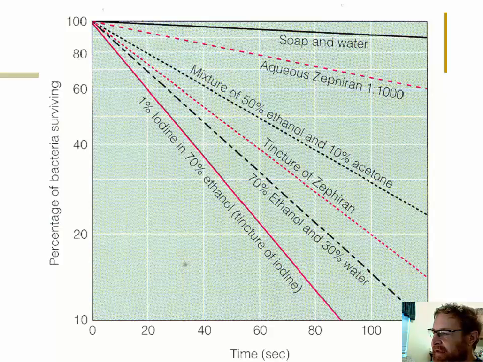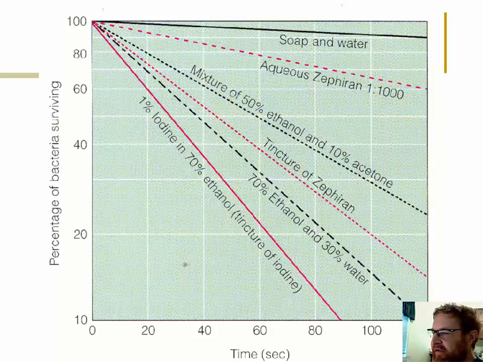So as you're washing your hands, sing happy birthday to yourself, twice, and then you're probably getting to that 90% point where you're getting the vast majority of the cells to die, certainly making it safe enough to say eat or something like that.